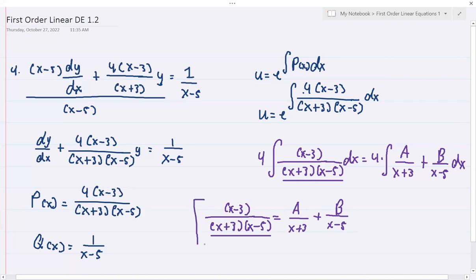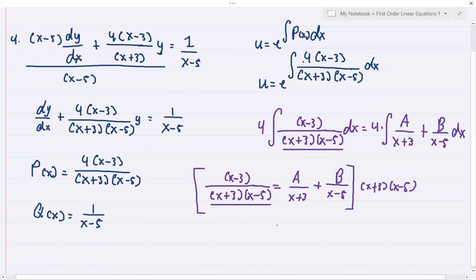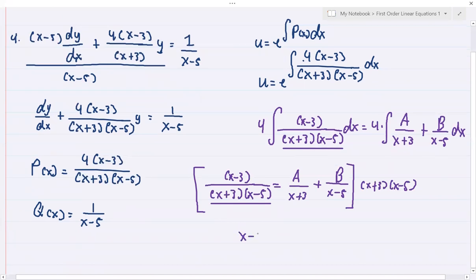So multiply the equation both sides by x plus 3 times x minus 5. We will have x minus 3 is equal to a times x minus 5 plus b times x plus 3. So that will be your working equation.